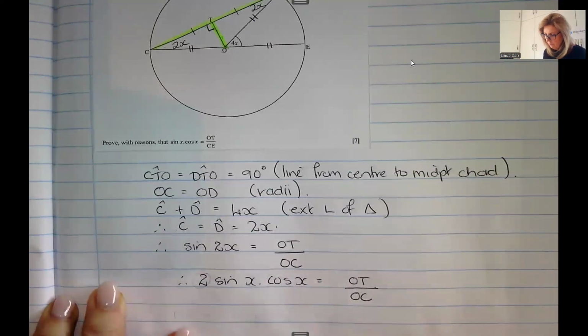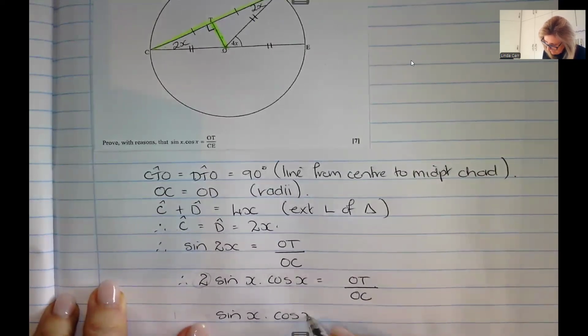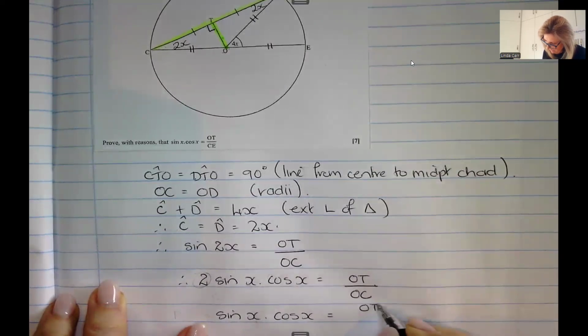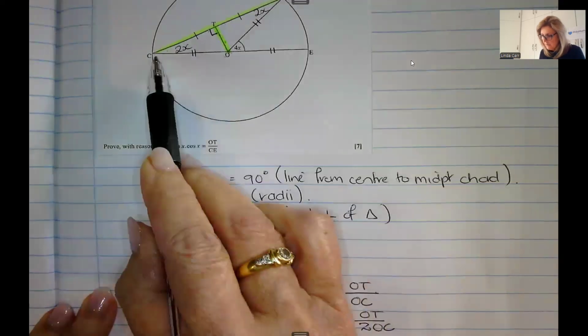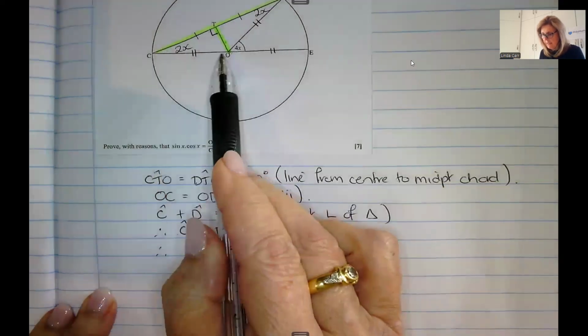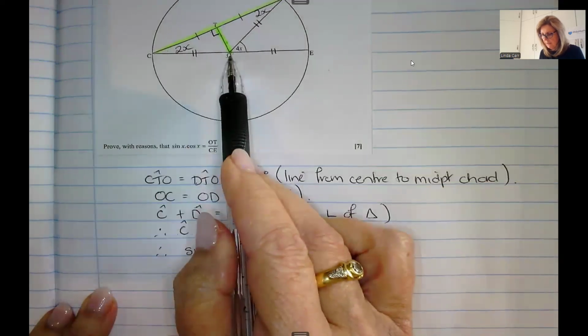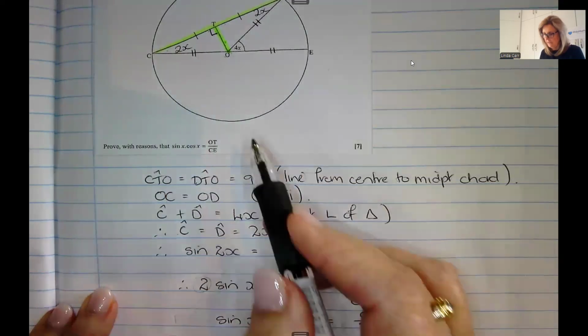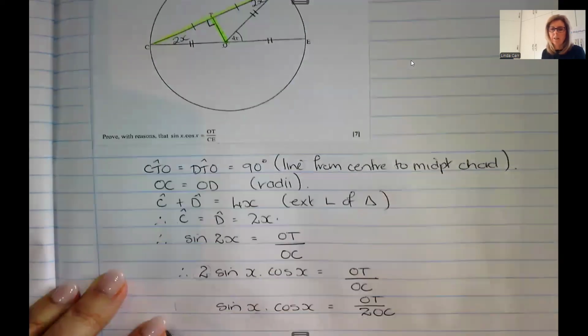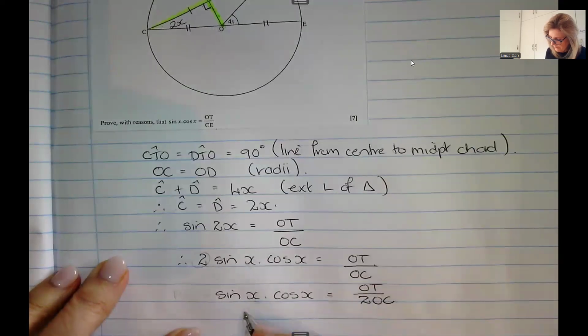But now I don't want the 2 because they didn't have a 2. So I'm going to divide both sides by 2. And now I've got 2 OC. Here's OC. Can you see that double OC would give me CE, which is exactly what I'm looking for. So 2OC is equal to CE.